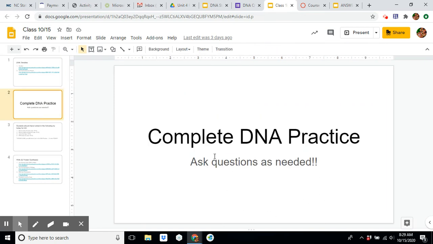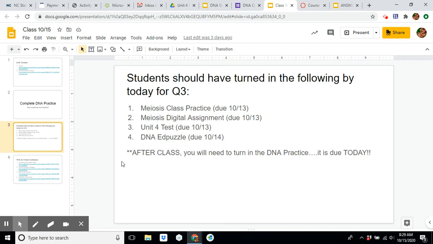We just did this DNA practice together. That's the one I just showed you and went through the answers on. Remember that all of these things should have been turned in by now. There was a meiosis class practice if you're in second or third period, and a meiosis digital assignment that's only for second and third period.